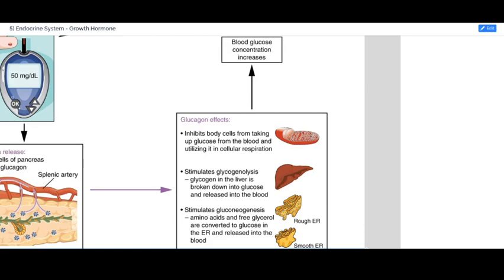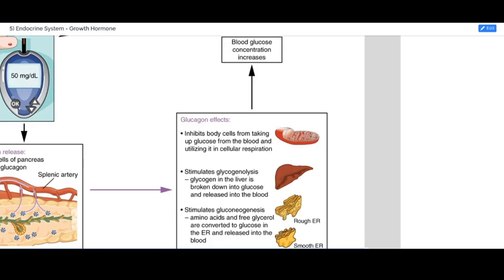It's usually associated with spikes following feeding, but if you think about it, glucagon's job is to raise blood glucose levels, and so it is diabetogenic in a sense. Now, if you consider glucagon and growth hormone's effects, they're going to help each other out.